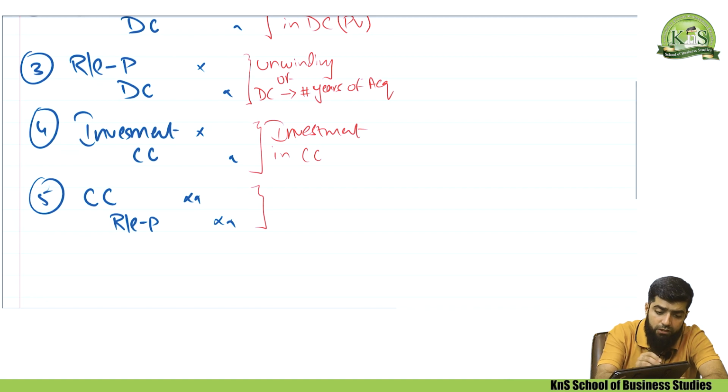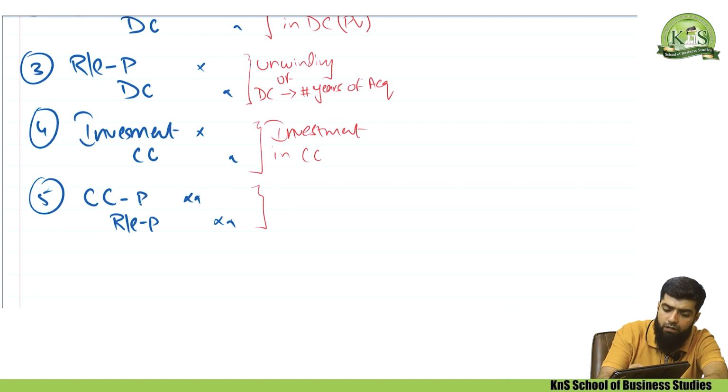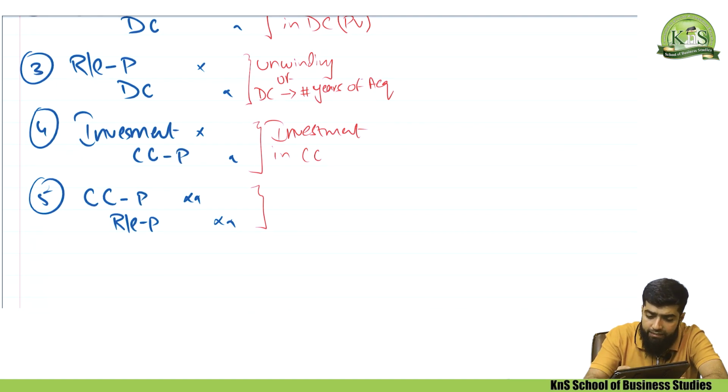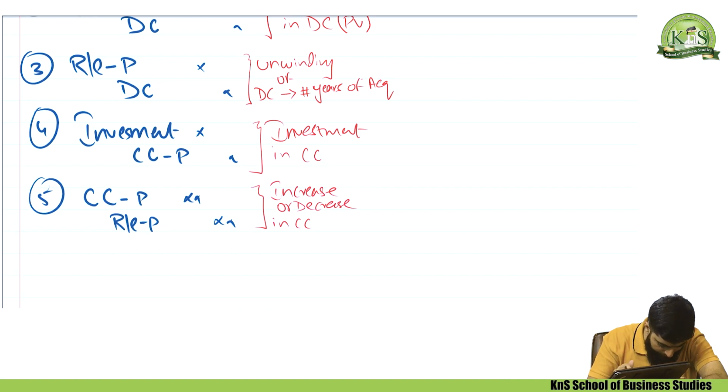So the contingent consideration of P company will be debited and the retained earnings of P company will be credited, and that is the adjustment of increase or decrease. There could be a vice versa situation as well. So there could be an adjustment that the examiner might test you on, that is increase or decrease in contingent consideration. So that is the fifth adjustment that could be tested by the examiner in your paper.